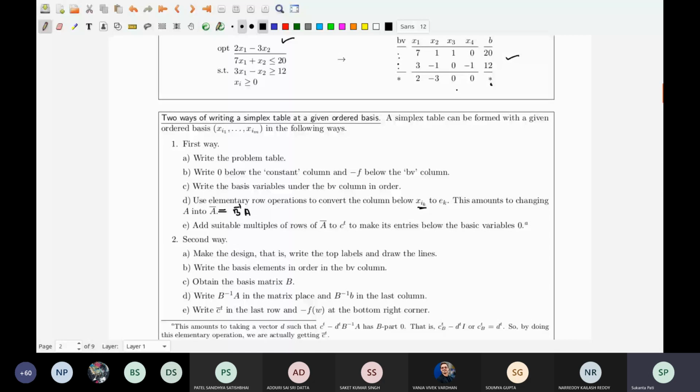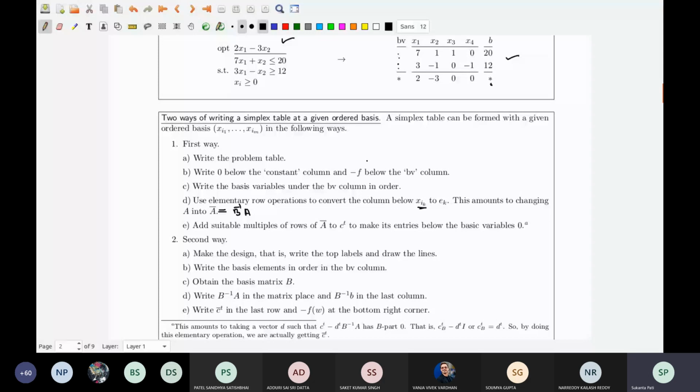So the corresponding entries of C must be converted to zeros. In the process, by the end of it, the total vector must have been converted to C bar. It is easy to see.